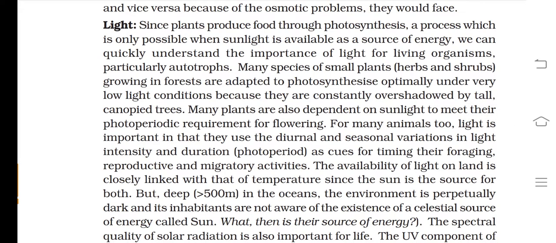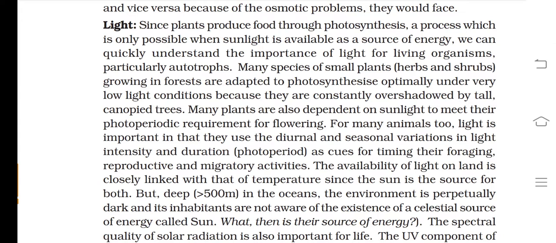Now, if we are going to revise the third one, which is light, in the sense of sunlight, we know that light is very important for the process of photosynthesis. Photosynthesis is a process in which food is prepared in the presence of sunlight, and producers prepare the food.